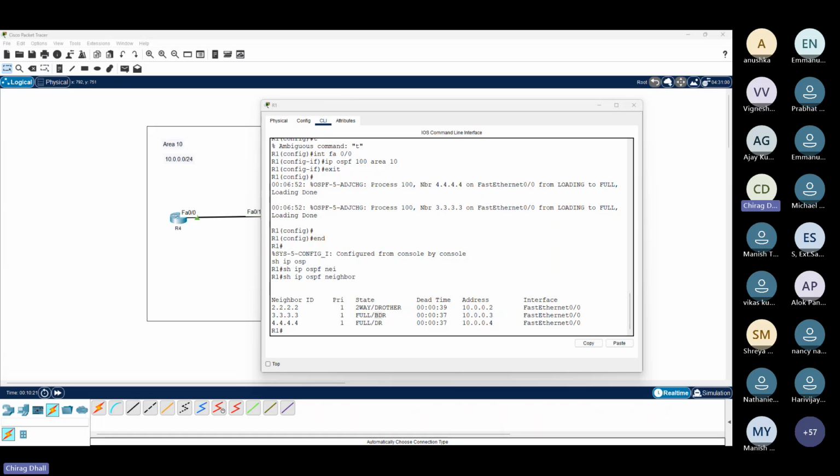So 4 dots is required. That's the syntax, how your router ID will be accepted.